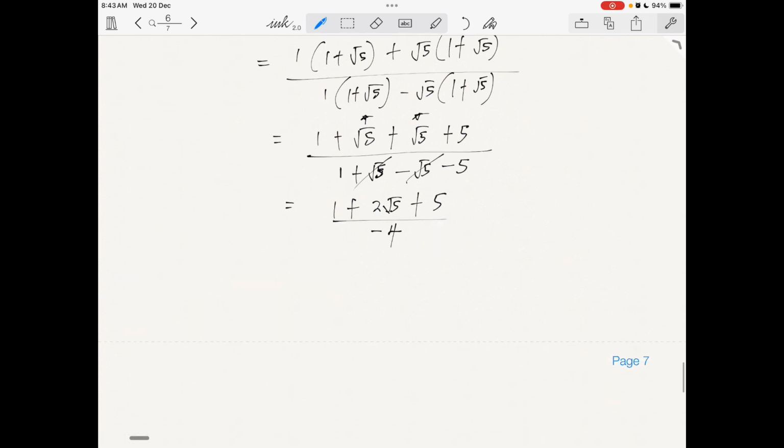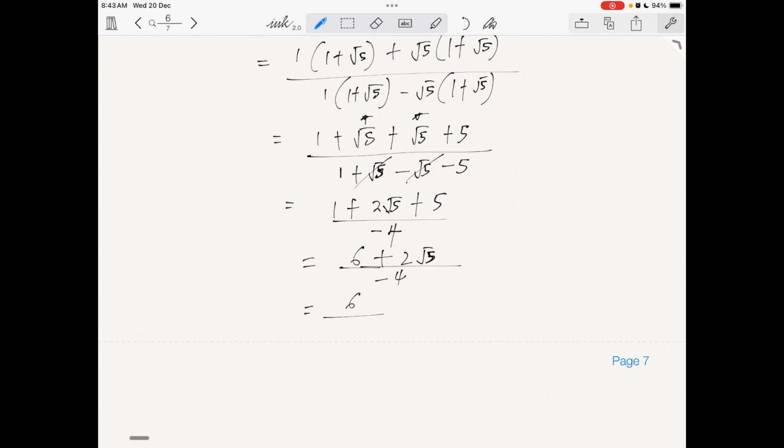Okay, so bringing rational numbers together, we have 6 plus 2 root 5 divided by minus 4. So we can separate the denominator.